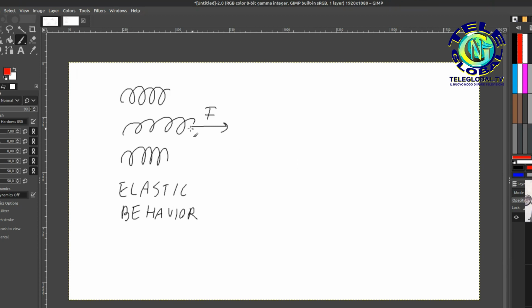That is because as you try to stretch the spring, it will apply another force that tries to return it to its original state. This is the elastic force.